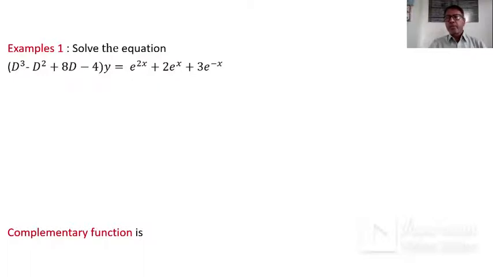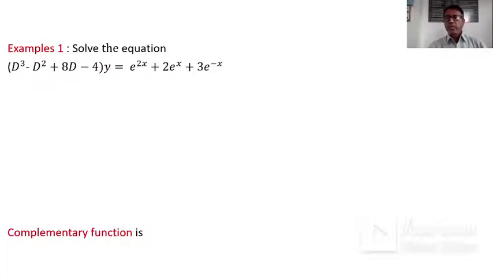Now to find the complementary function, for this purpose, we find the general solution of the associated differential equation, and the general solution of the associated differential equation of the given non-homogeneous differential equation is called the complementary function of the given non-homogeneous differential equation.